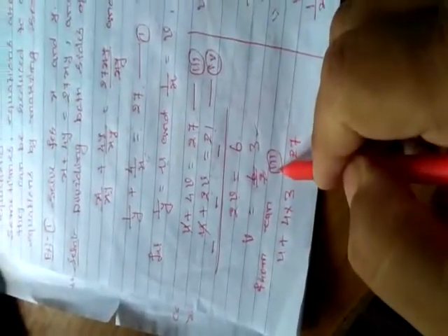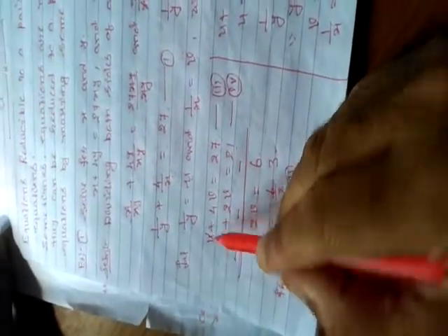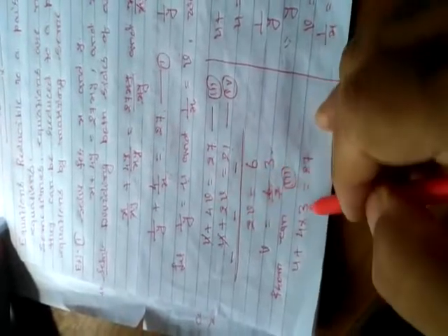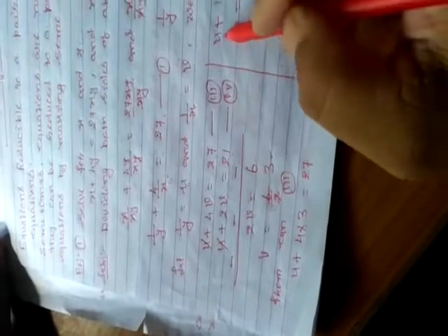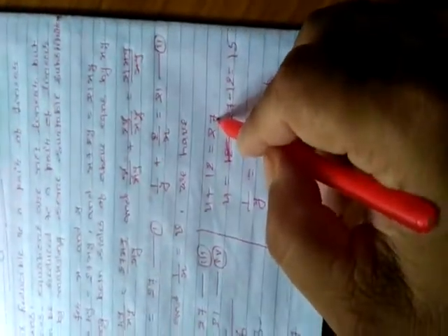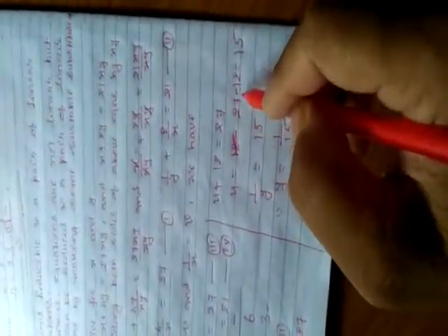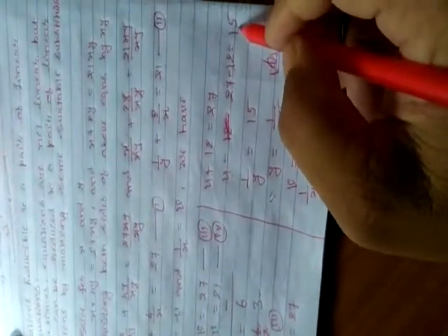Now we put the value of v in equation third and we will get the value of u. So u plus 4 into 3, because the value of v is 3, equals 27. On further solving, u plus 12 equals 27, and u equals 27 minus 12, that is 15.